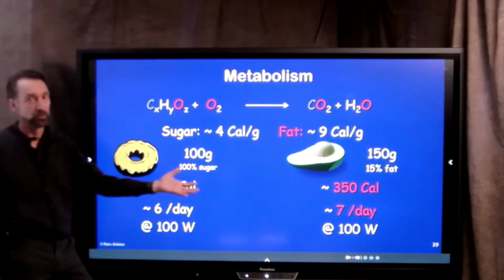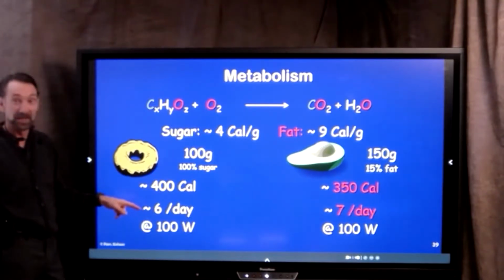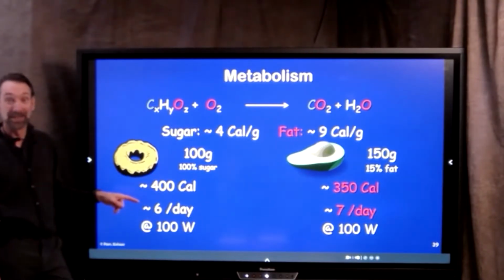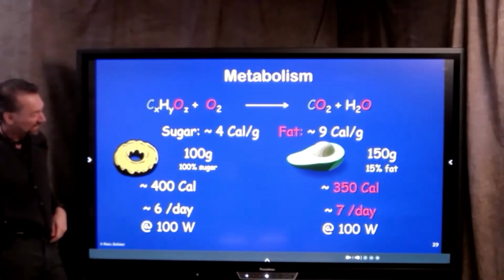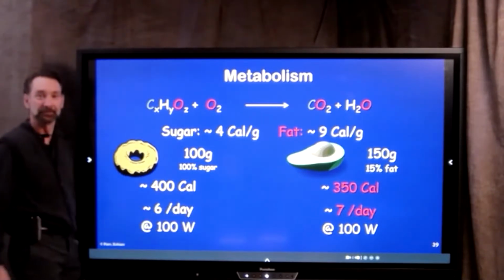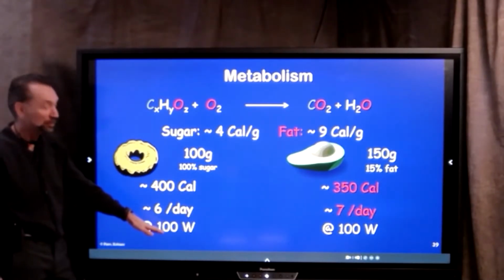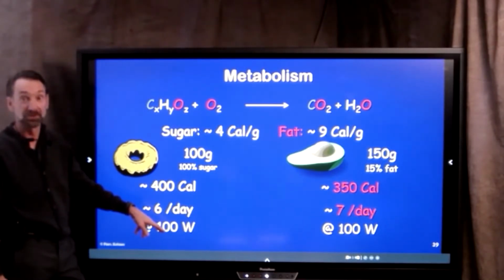Of course, that varies widely, huge standard deviation on that. 6 donuts a day would also do it. So depending on your preference, you could eat 6 donuts a day, and you burn energy at about 100 watts. And these are in units of joules per second. So you burn about 100 joules per second.